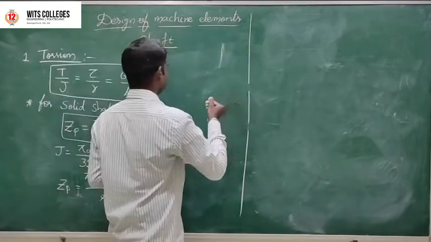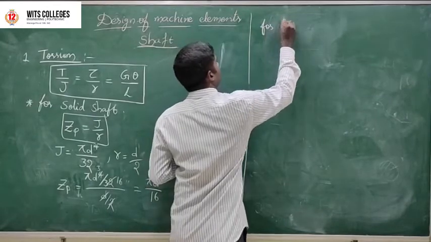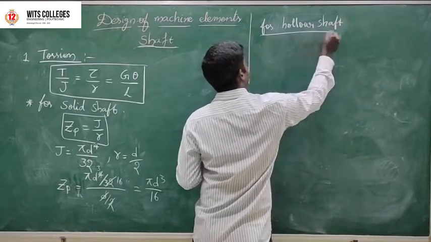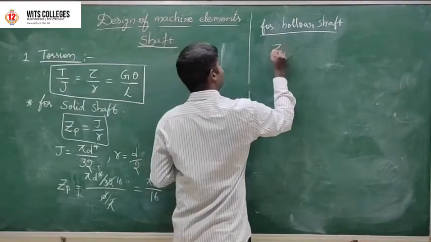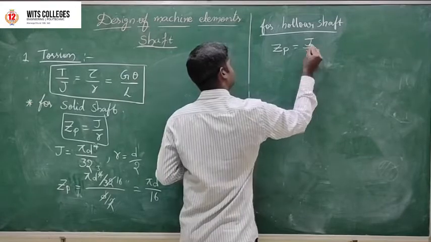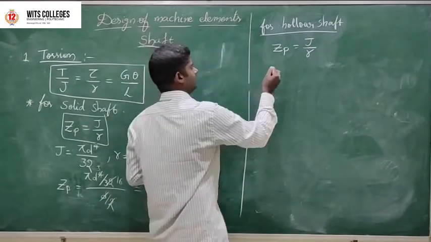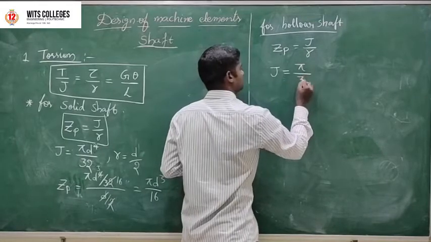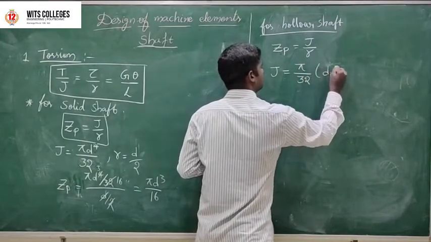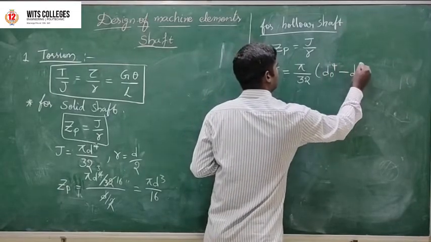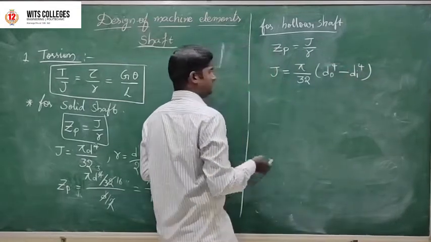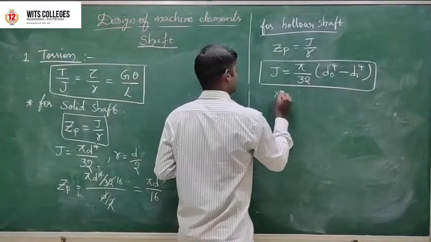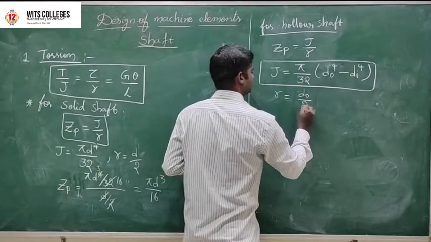Next, the hollow shaft. Here also ZP is equal to J by R. J is equal to pi by 32 into D naught power of 4 minus Di power of 4, and R is equal to D naught by 2.